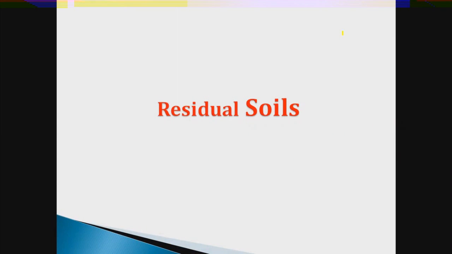After weathering, the soil which is produced will either stay in its original location or be transported to new locations with the help of different agents. In which case it will be called a transported soil. And if the soil remains in its parental location, it will be known as a residual soil.